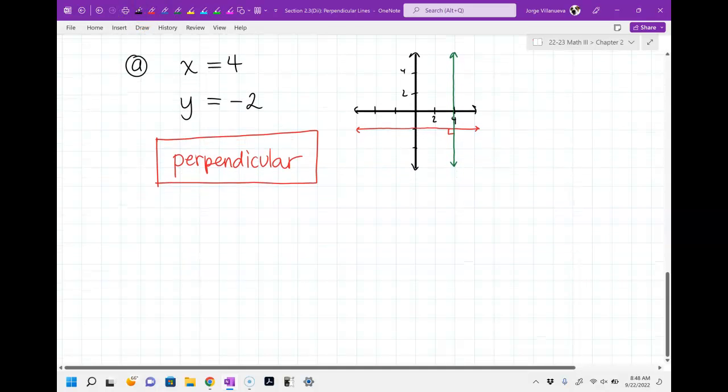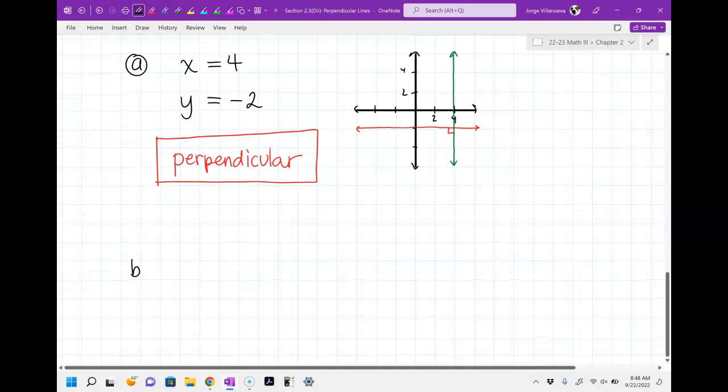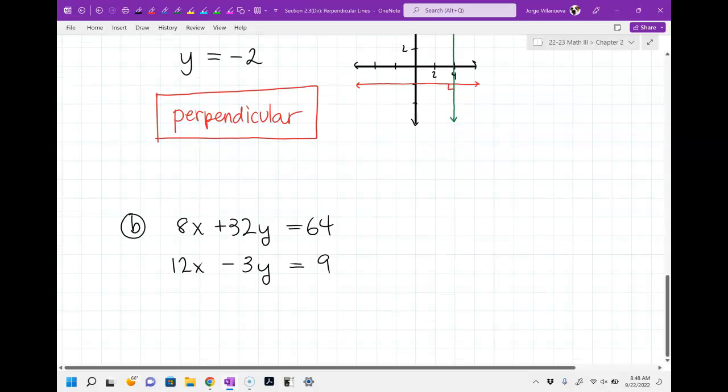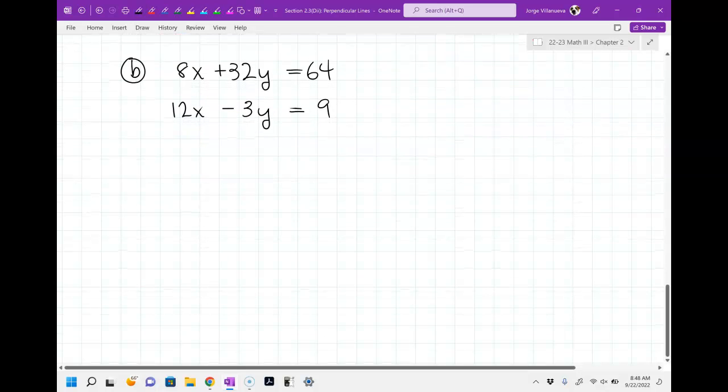Okay. Here's another question on your homework. 8x plus 32y equals 64. And the other one is 12x minus 3y equals 9. So we're going to have to get both equations, and we're going to have to solve for y, right?